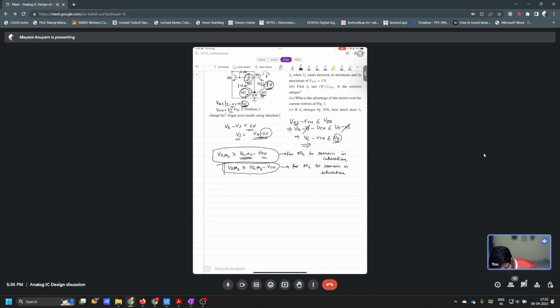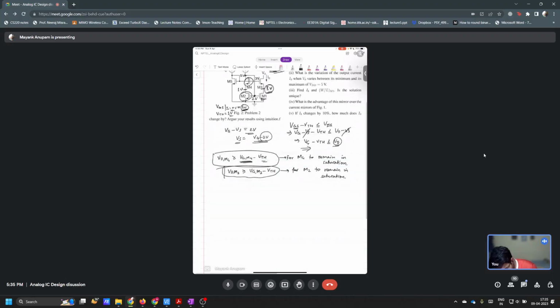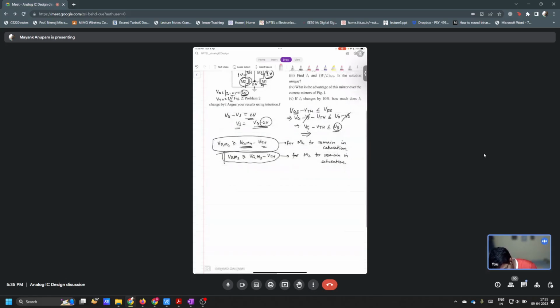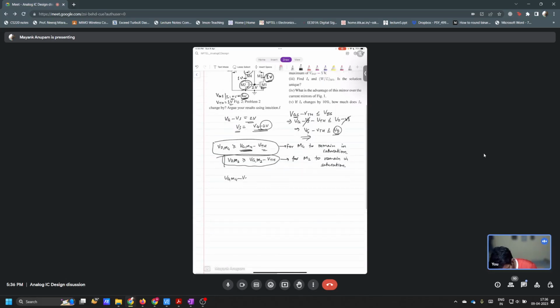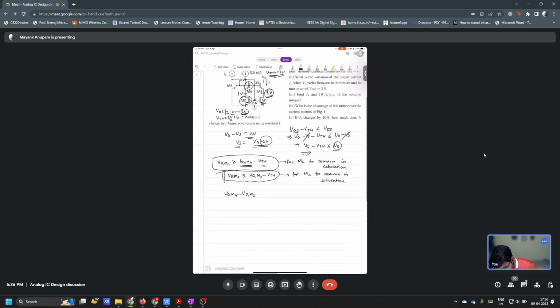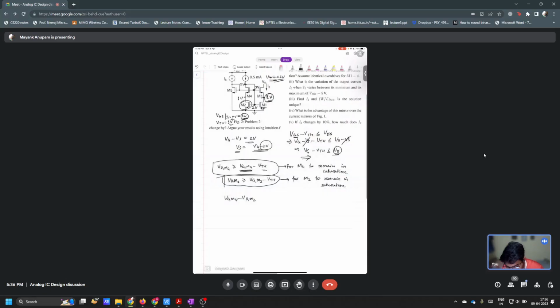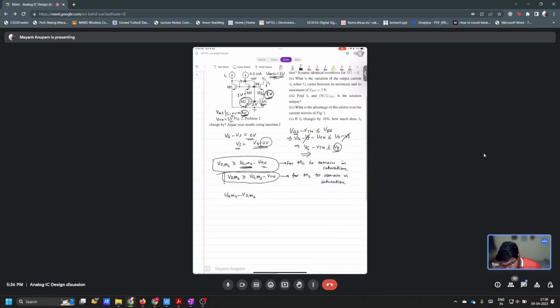Now what is the constraint on VG of M4? VG of M4 minus VD of M2 has to be equal to some overdrive, right? This has to be equal to some voltage in order to make sure that 0.5 milliamps is flowing through it, correct?